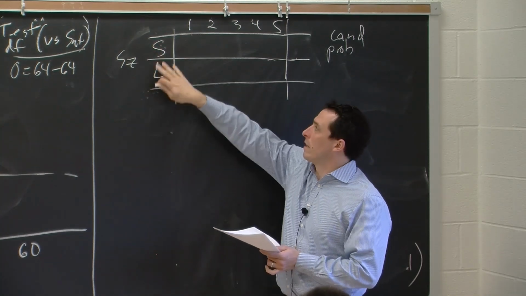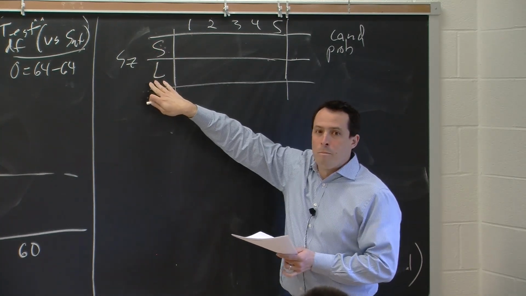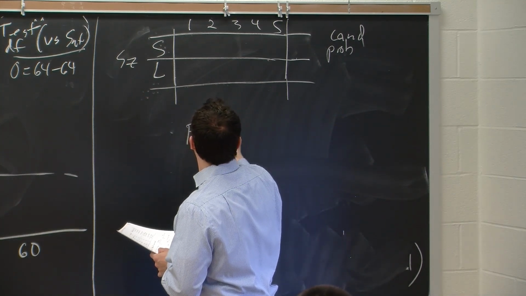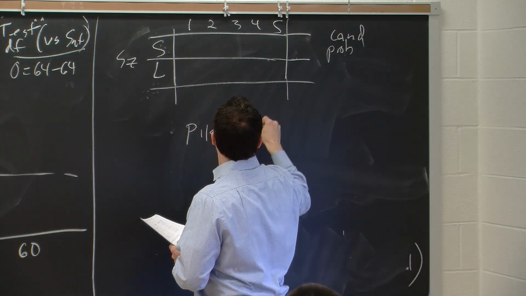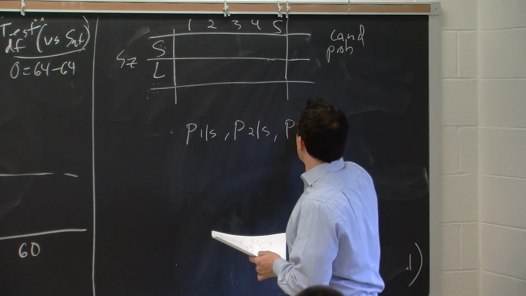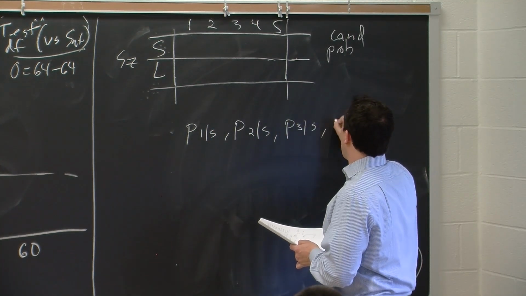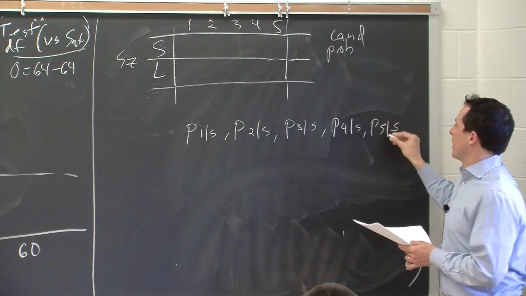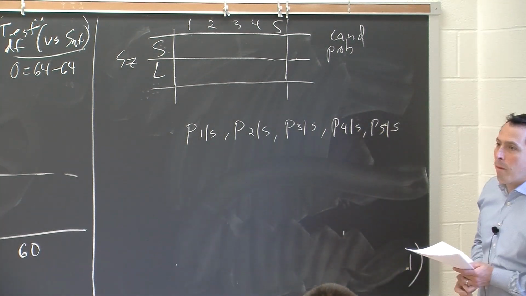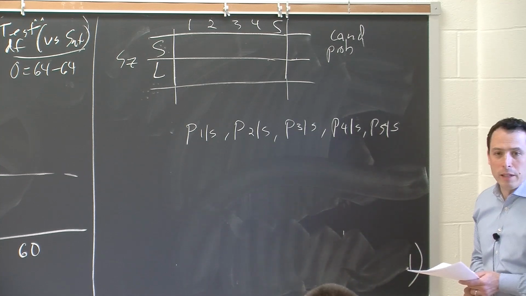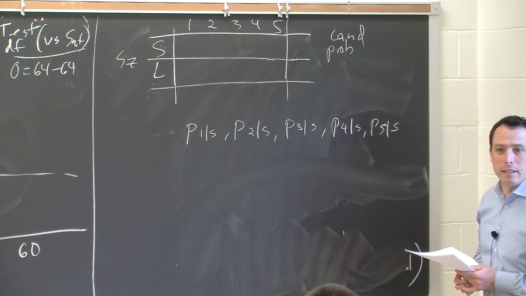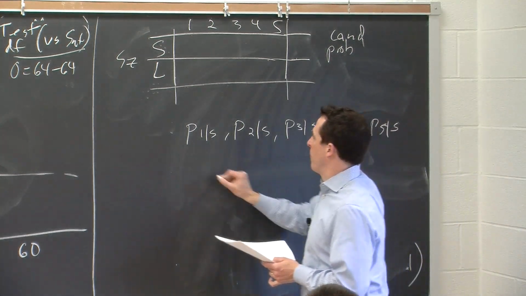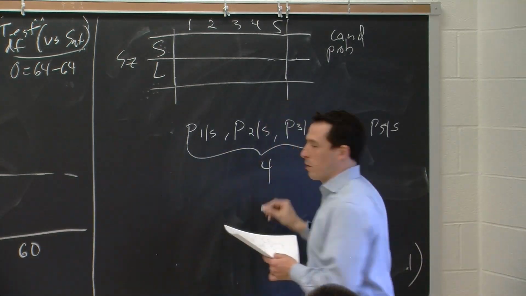There are two predictor patterns, small and large. We're interested in estimating the probability of food 1 given S, food 2 given S, food 3 given S, food 4 given S, food 5 given S. How many degrees of freedom do I need to freely estimate these probabilities? I need 4, because they sum to 1.